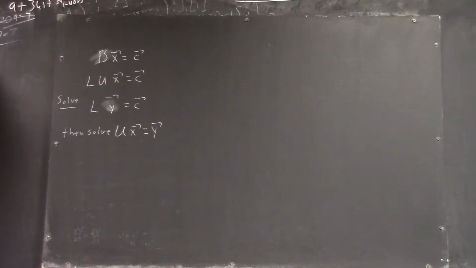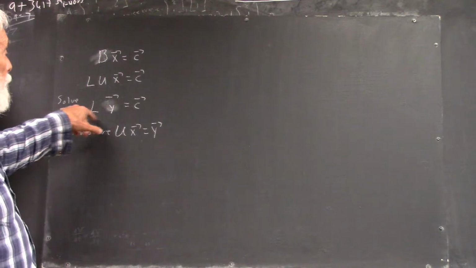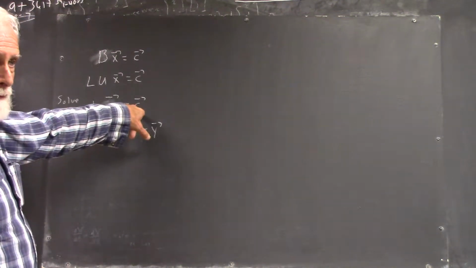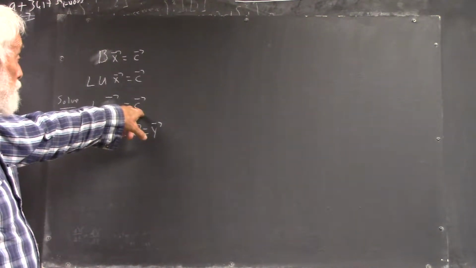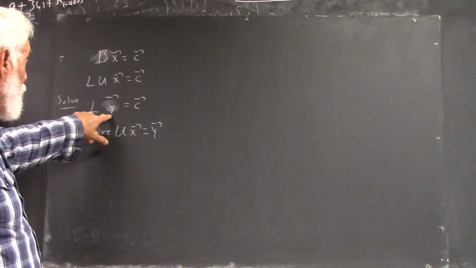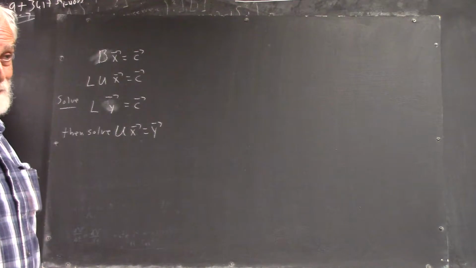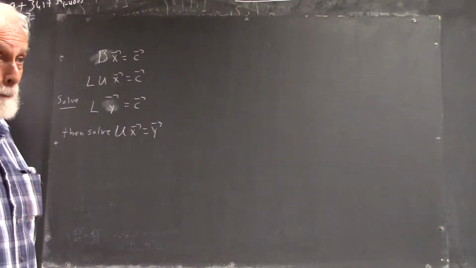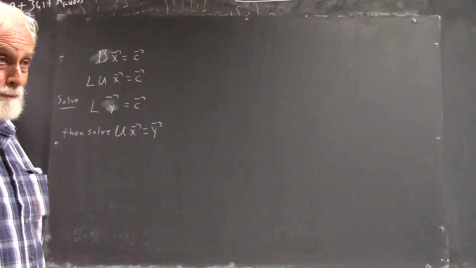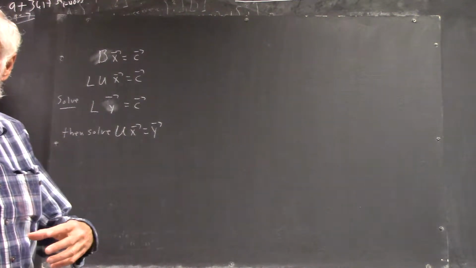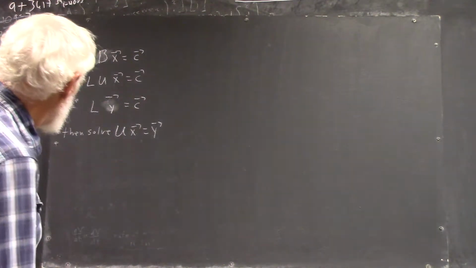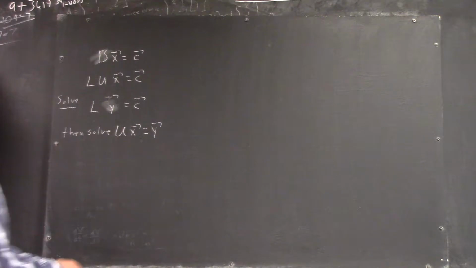In other words, we find what you have to multiply by L to get our C, and then that's what Ux has to be equal to, because that's what L multiplies to give you C. Fairly simple idea, right? Make sense? Well, that's pretty easy to do.